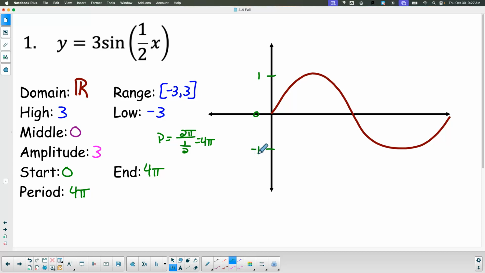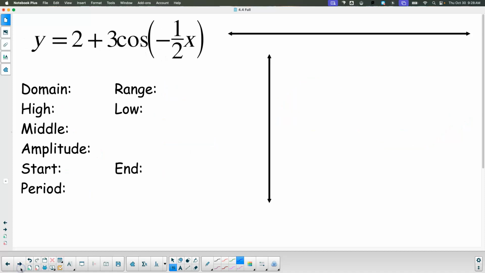Up, whoa. Got all jazzed up, forgot that it's 3s. Started at 0, ending at 4 pi. Good? Yeah? All right. Try a couple more.